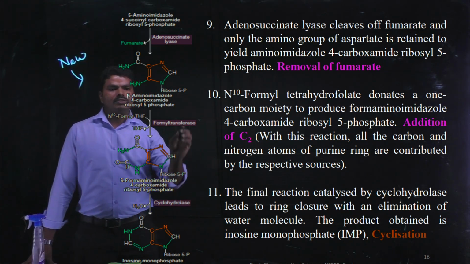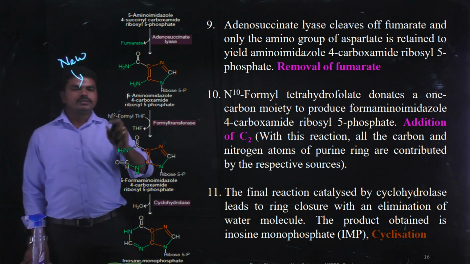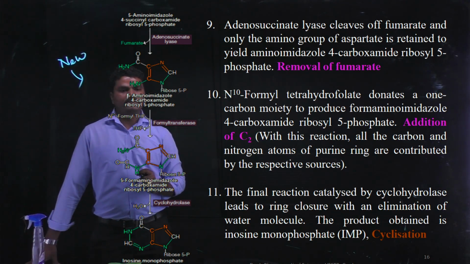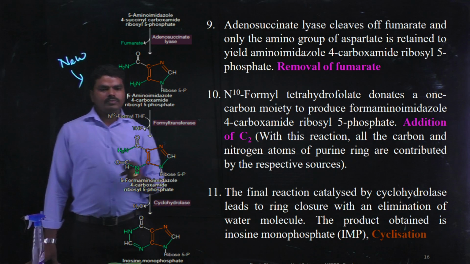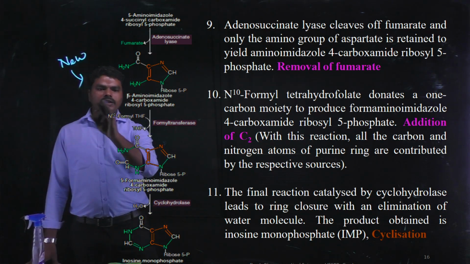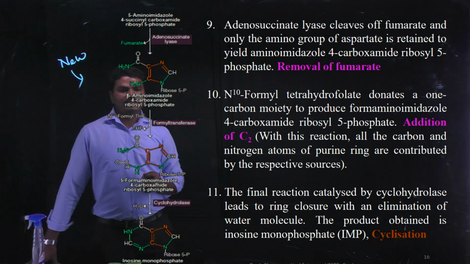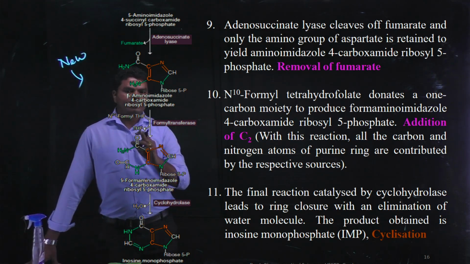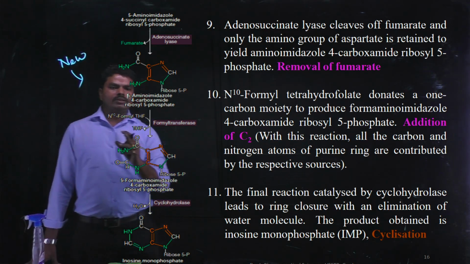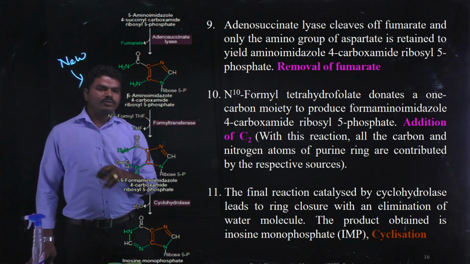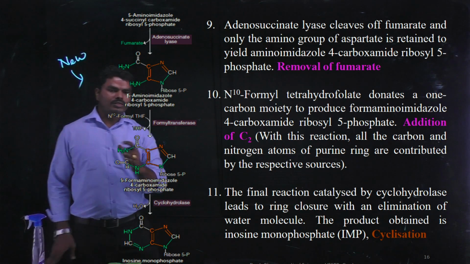So the second carbon is added in this reaction from N10-formyl tetrahydrofolate. With this reaction all the carbons and nitrogens of the purine moiety are attached, and one thing is required, the closure of the ring. That happens in the final step.